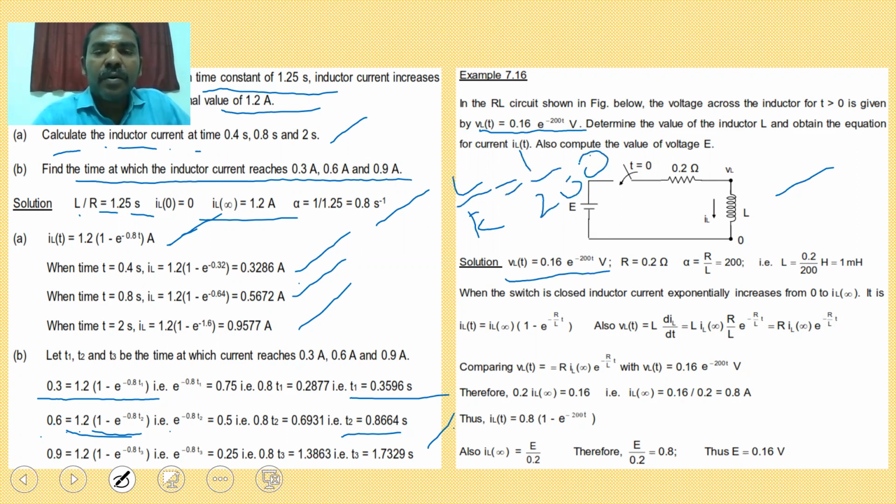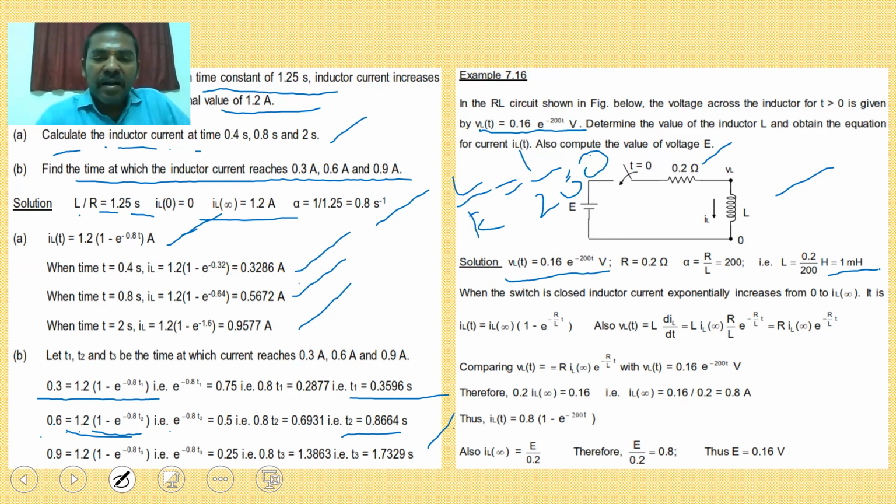The R value is already given as 0.2, so L is equal to 0.2 divided by 200. Then you get 1 millihenry. So the L value is 1 millihenry.